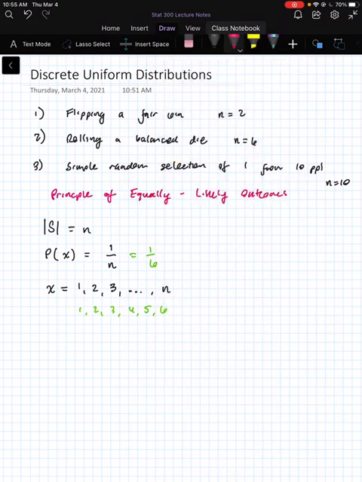And this model of assigning this probability mass function of 1 over n for each value is what we call the discrete uniform distribution with parameter n.